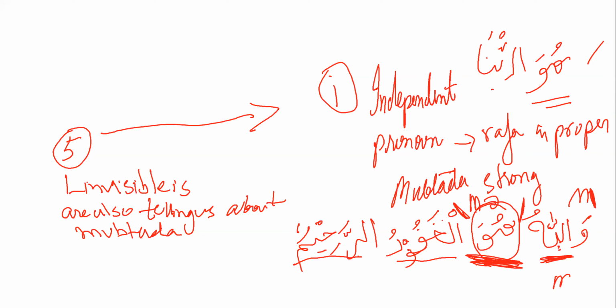We got the topic. But then after that, huwa is used, and huwa is telling us what? Nothing. As far as information is concerned, it's still pointing towards Allah, towards mubtada. It is still telling us the topic of the sentence, but it isn't telling us any information about the topic.